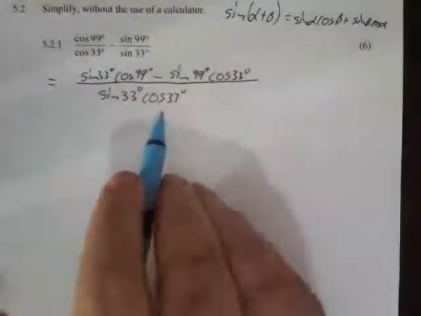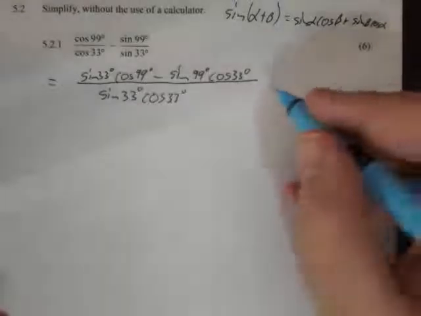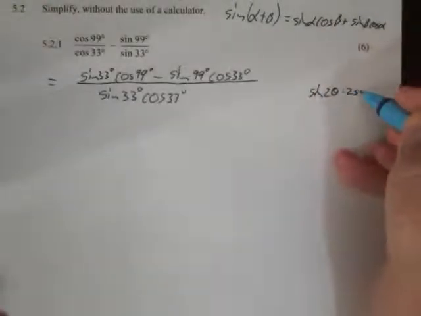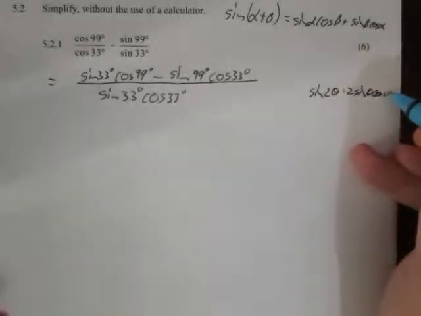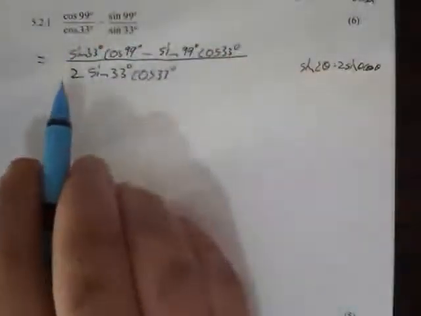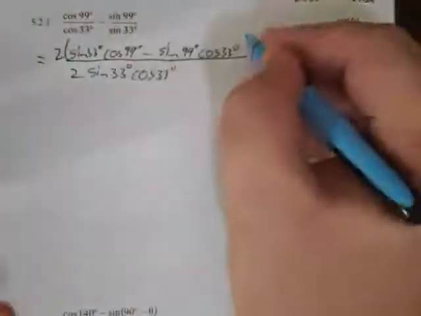Okay, so if we look at the denominator, that reminds me of the double angles. The sine of 2 theta is 2 sine theta cos of theta. So we're going to change it to make it look like that. But what we do with the denominator, we also have to do with the numerator.